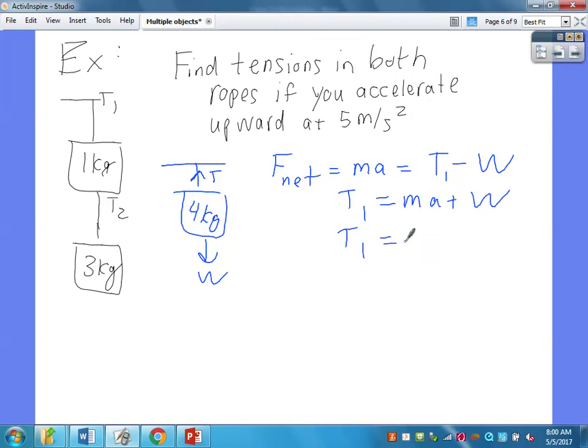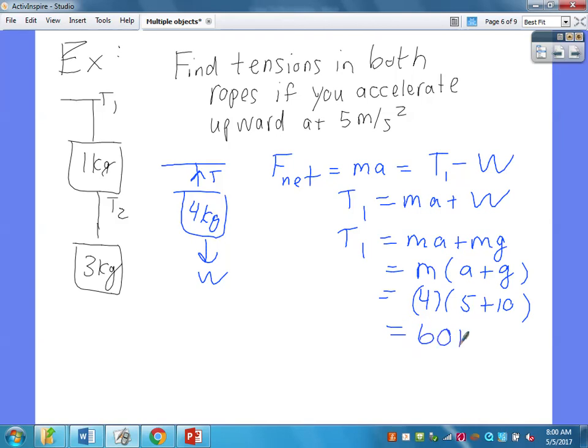So T1 will be MA plus MG. And I'm going to go ahead and keep reducing this, M times A plus G. And so this would be 4 times 5 plus 10. So the top tension would be 60 newtons.